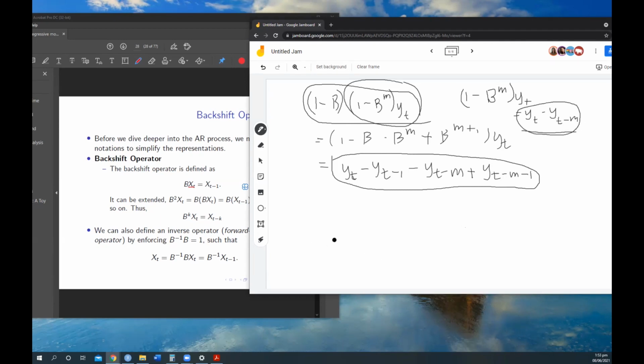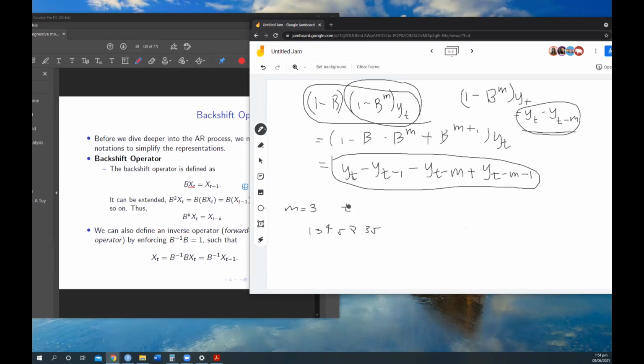Right? So for example, if we have 1, 3, 4, 5, 8, 3. And our M, the frequency is every 3 observations. So if we are going to have 3 here, for example, this is our T. 1, 2, 3, 4, 5, 6.